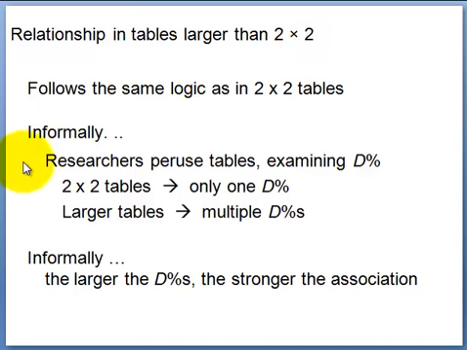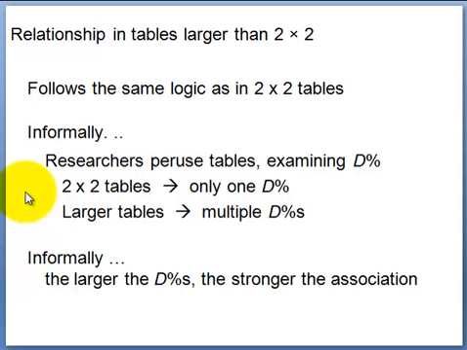So as we look at a relationship in larger contingency tables, I'm going to go back to our difference in percentages measure. This is an informal measure. This is almost how, by instinct, researchers examine relationship. They look at differences between percentages.